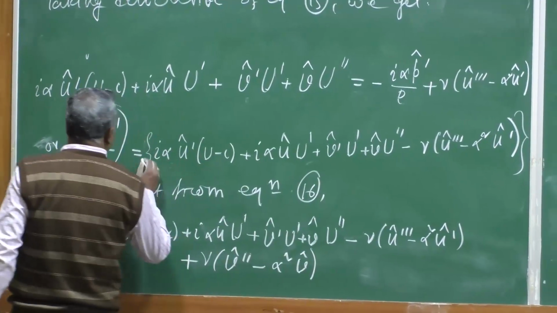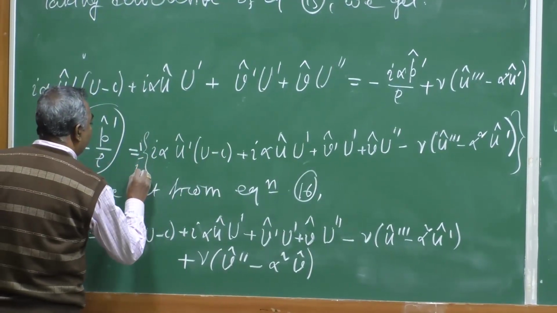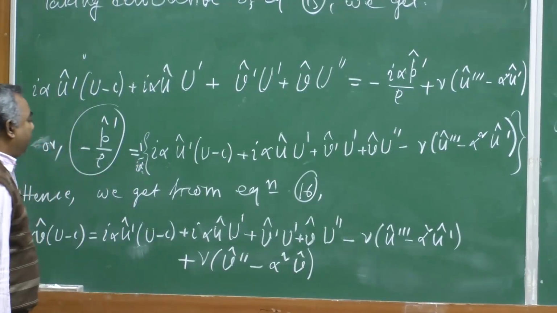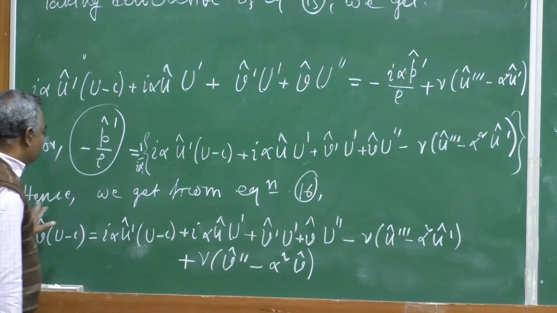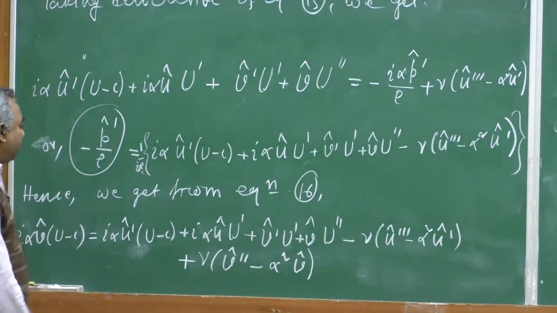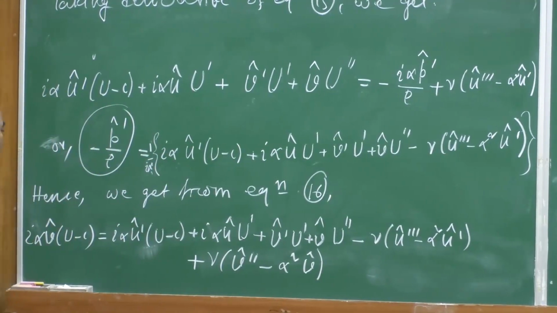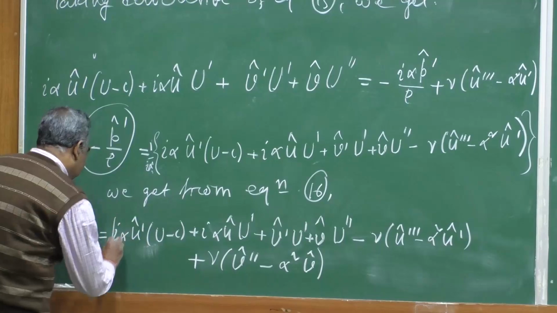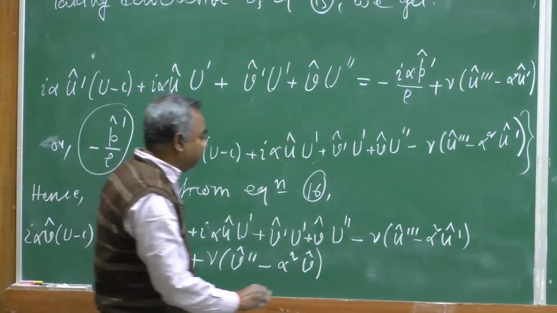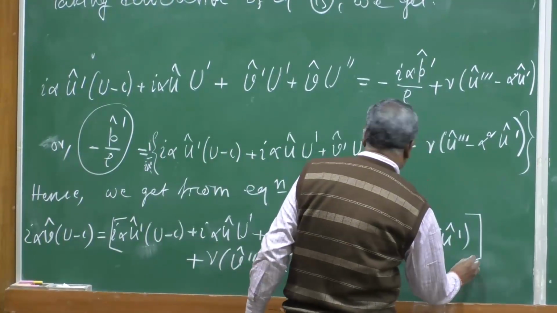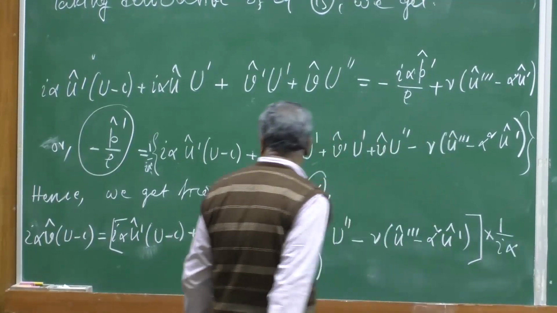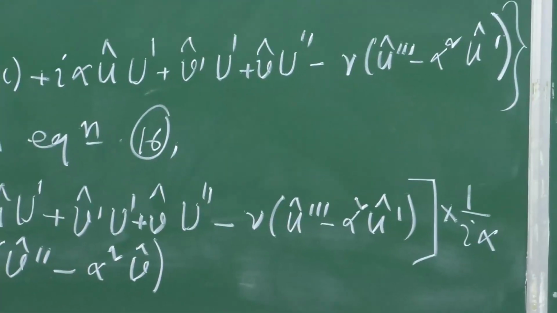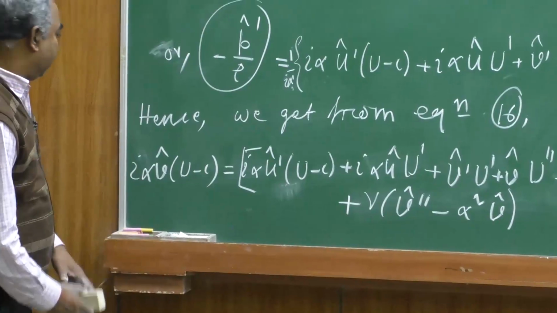So, there will be a 1 by I alpha on the left hand side. Then from equation 16 we can write this particular term into 1 by I alpha. So, there has been a slight mistake.